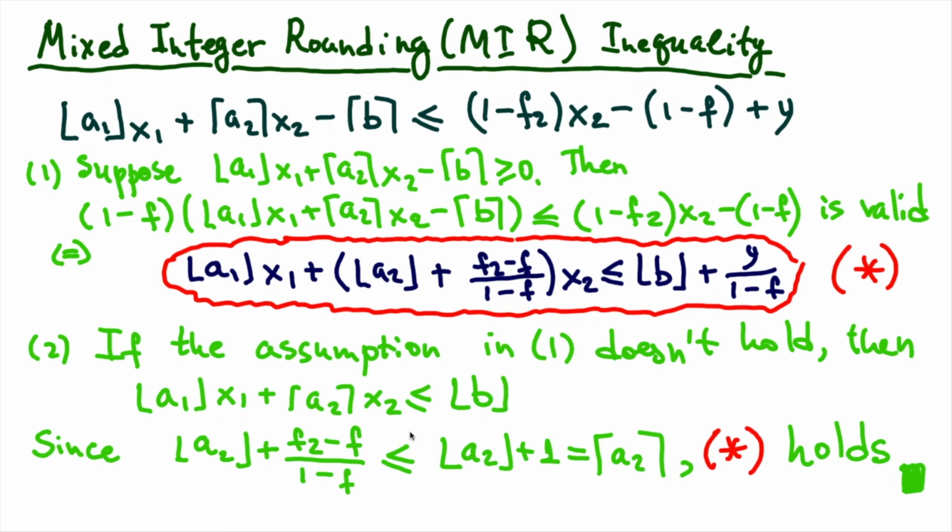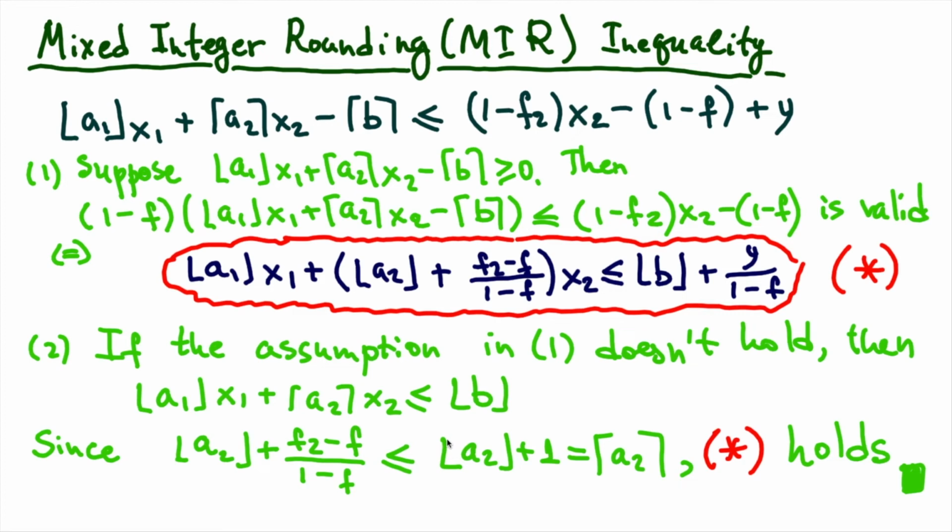What's the difference between this right here? The difference is in the coefficient for x2 and an extra positive part y divided by 1 minus f. Obviously adding y divided by 1 minus f will only increase the right-hand side and the inequality will still hold. And then replacing the ceiling of A2 with the floor of A2 plus this ratio is also going to only decrease the coefficient for x2, because this ratio cannot be greater than 1, it is in fact always less than 1.